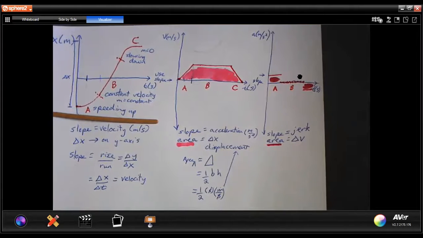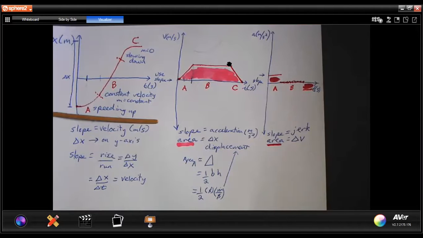I'm going to talk about acceleration a little bit. This is maybe the most confusing part. If you have an acceleration or a velocity that is moving away from 0, you must have a positive acceleration. You're speeding up here.